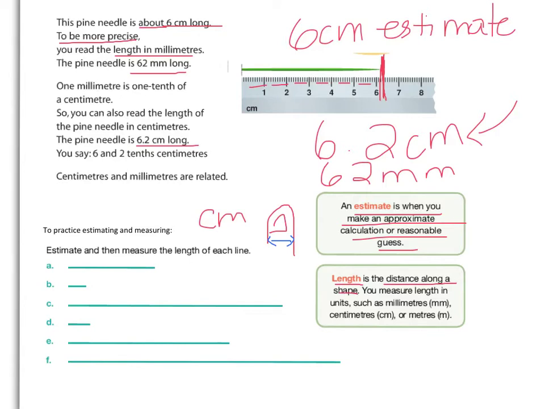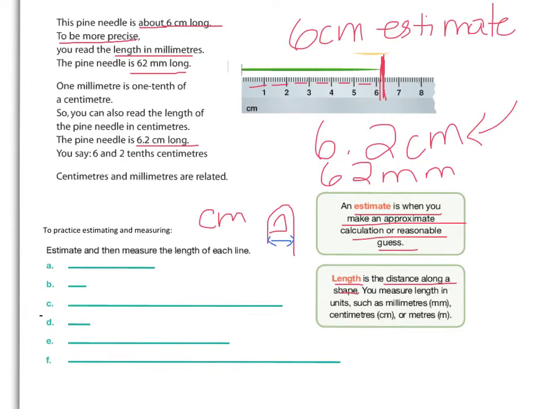You're going to try to estimate the length of each line, and then you're going to do the same thing with your ruler. Now, I know this is on your iPad, so press pause and try your best, or just note that it might not be completely accurate depending on whether or not you've enlarged your screen. Go ahead and press pause and just give it a try now.